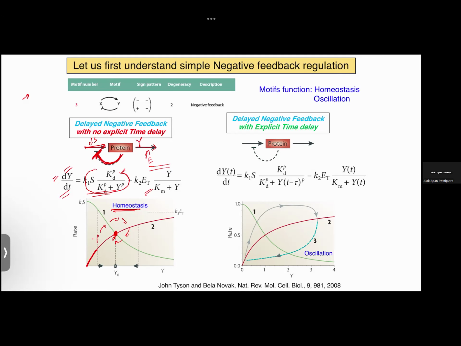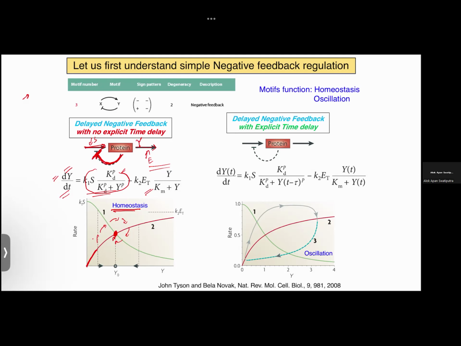Since it is inhibiting itself, it's a negative feedback. Assume that there is a certain delay, which is also practically feasible, right? Because once a protein is formed, it needs some time to form a dimer, a trimer, a tetramer, right? Only after that time delay will it be able to provide the negative feedback.